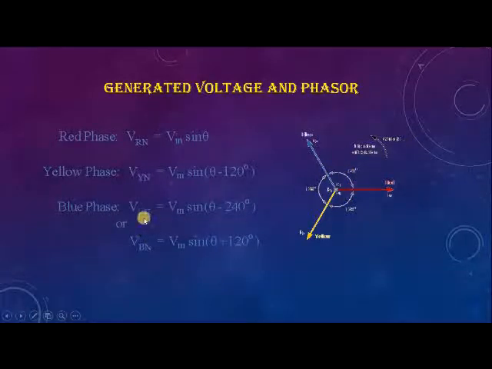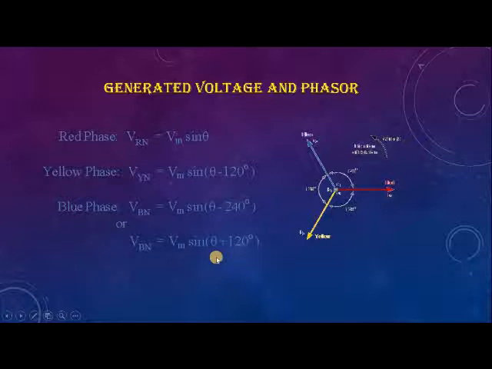Look at the B phase. It is Vm sin omega t minus 240. If you measure in clockwise direction, the blue is 240 degree from the red. Or we can say in anti-clockwise direction 120 degree from red. So either we can write Vm sin theta minus 240, or Vm sin theta plus 120.